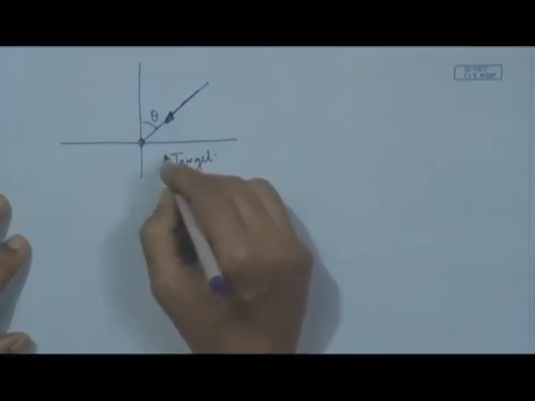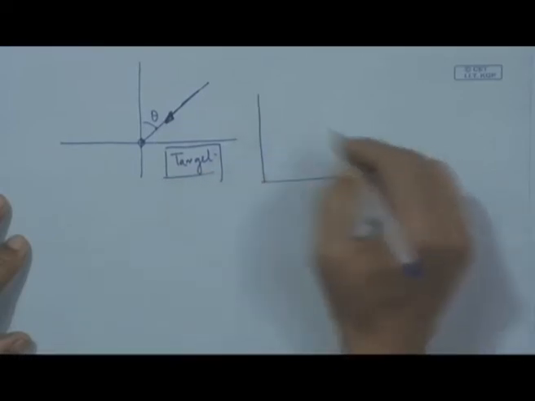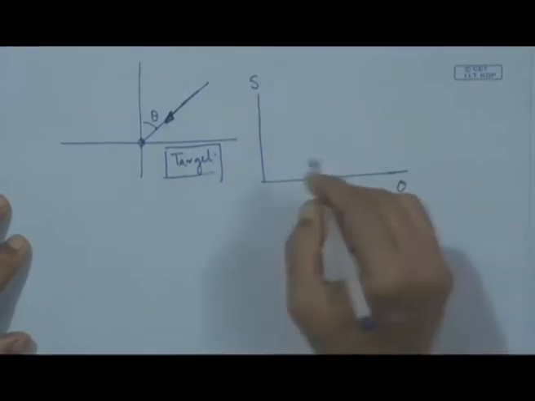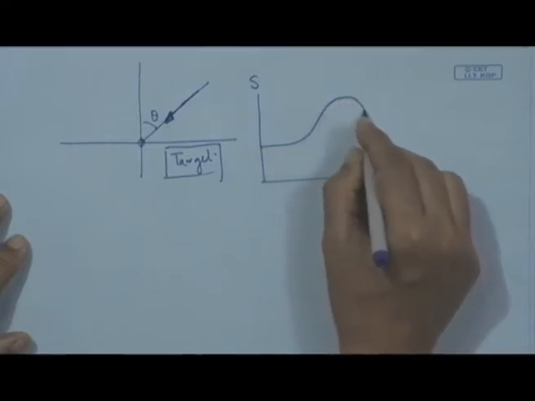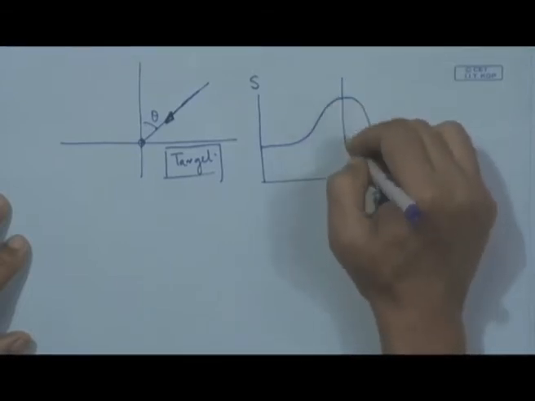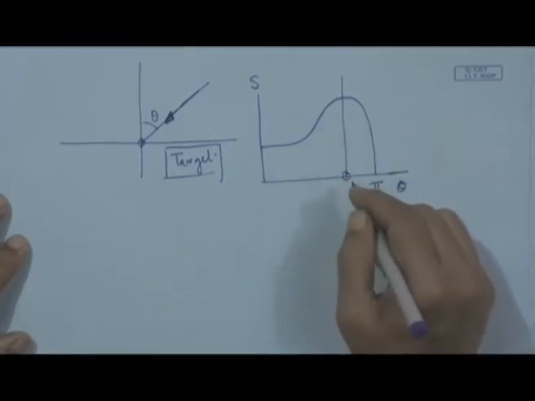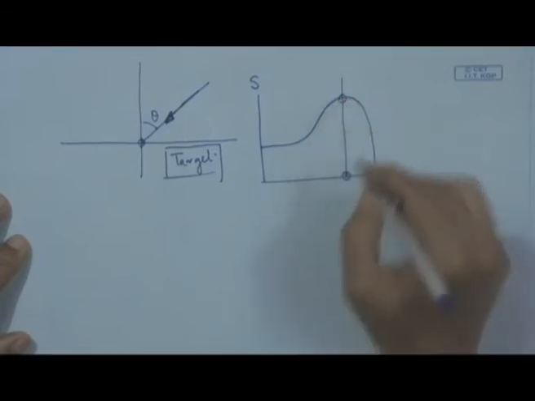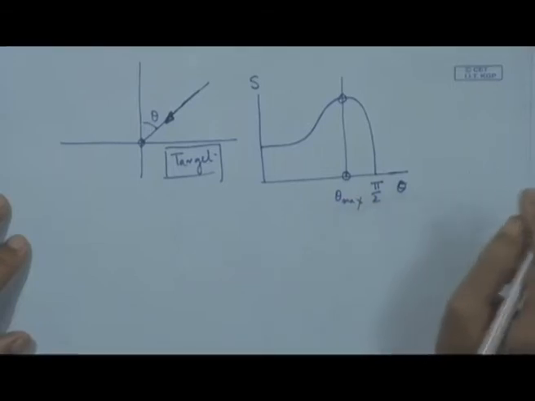Now, there is a distribution by which one can see this is the sputter yield and this is theta, and it goes like that and then it almost has a drooping. So, this is almost 90 degrees, and somewhere a little below 90 degrees we get this critical value corresponding to theta max.